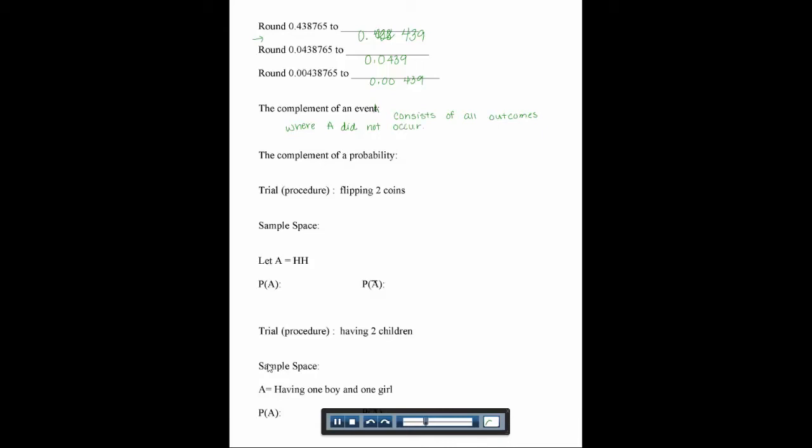So, for example, if we say event A, rolling a dice, is rolling a 3, then the complement of that would be rolling a 1, 2, 4, 5, or 6, anything but a 3. Now, to find the complement of a probability, the notation we use for the complement of A is A with a bar over it.